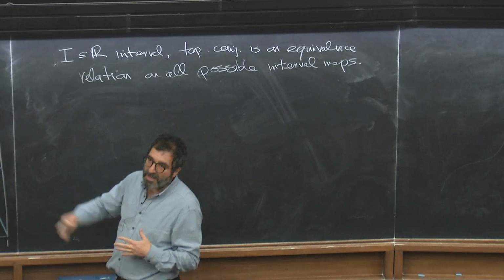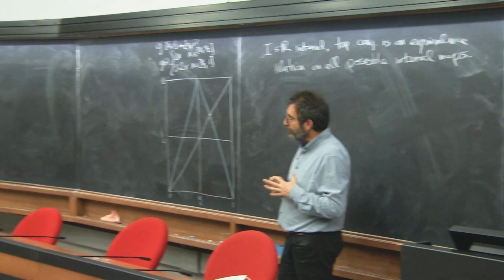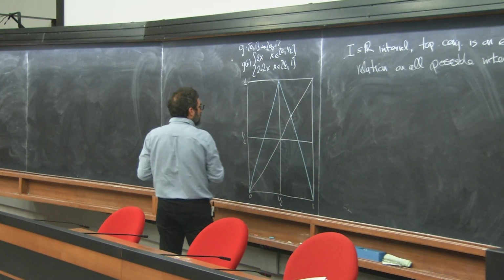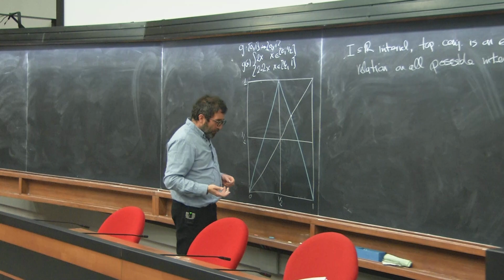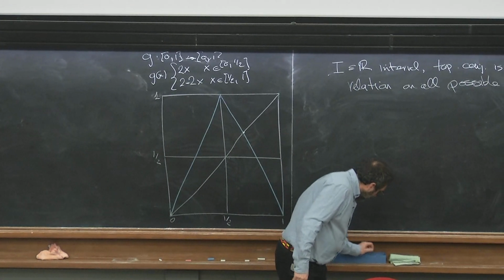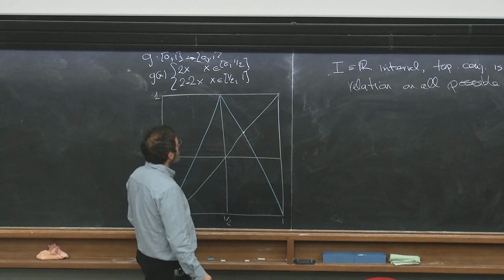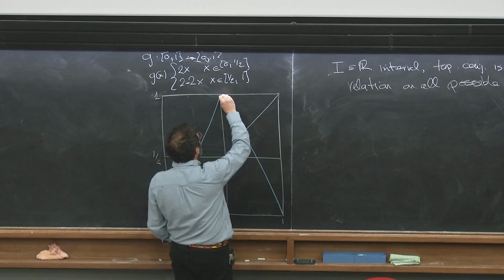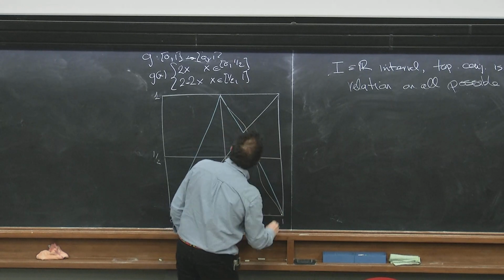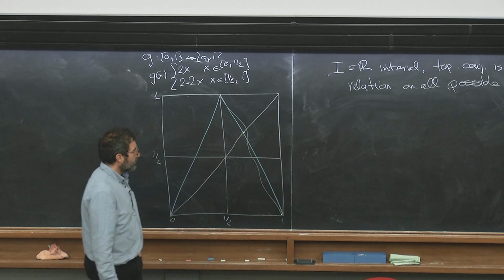Suppose this one, I just left it on here because it is one. We know that this is conjugate to the quadratic map that we had before. But now suppose that I just perturb this map a little bit, right? Suppose I change it a little bit. So it's not piecewise affine anymore. I just change it like this.